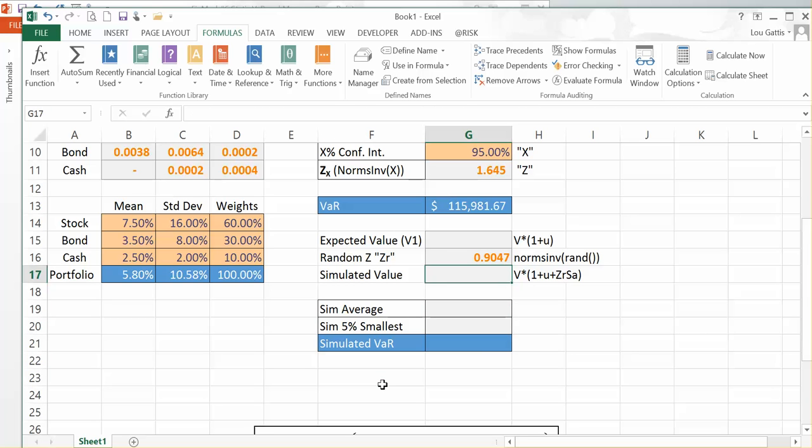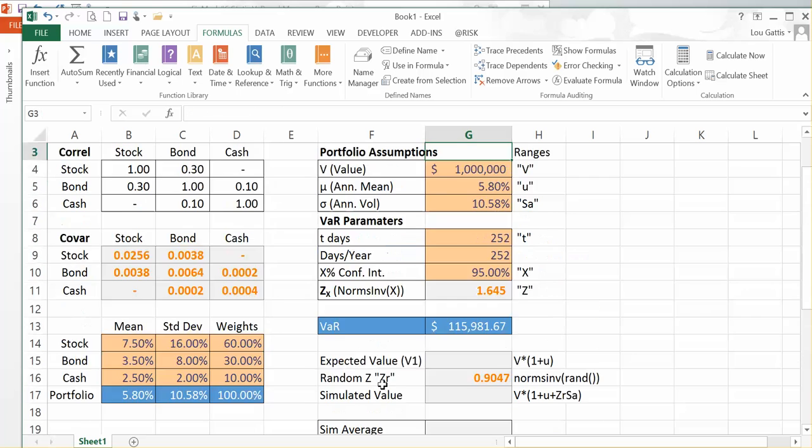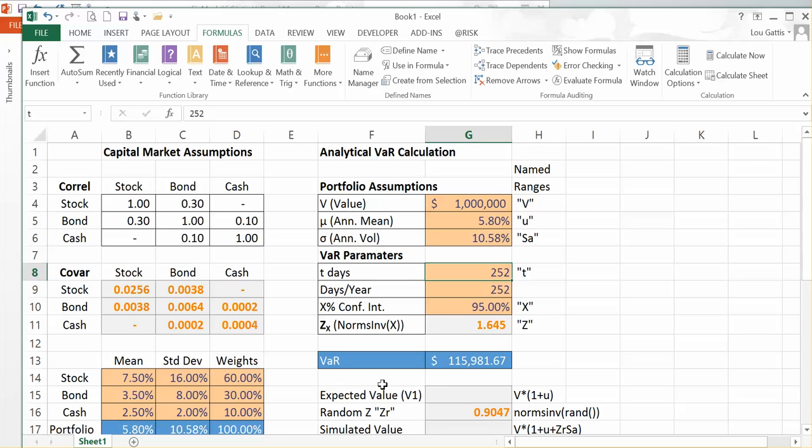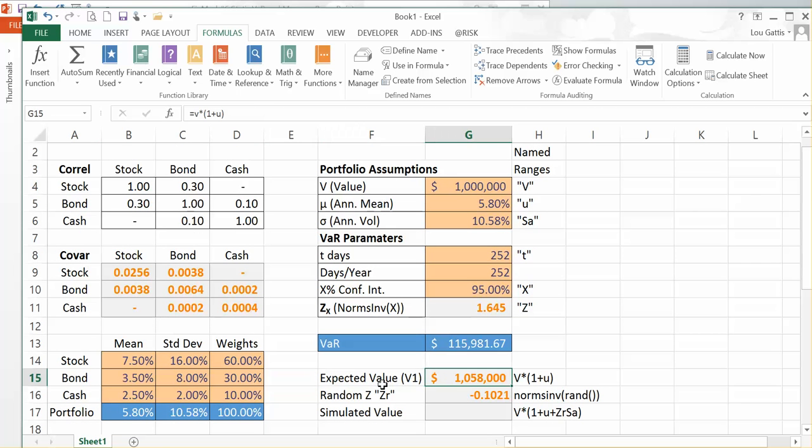Now the expected value of my portfolio, let's do a 1-year simulated VaR, so I have 252 here and a 95% confidence interval. My expected value would just be my portfolio value, V, times 1 plus the mean. So I expect the portfolio to grow by 5.8%, so I expect the portfolio to be 1,000,058.